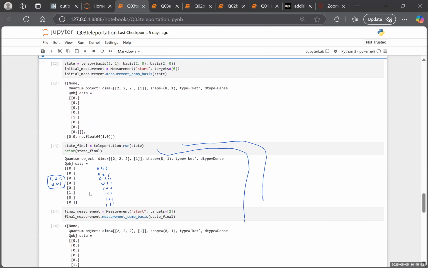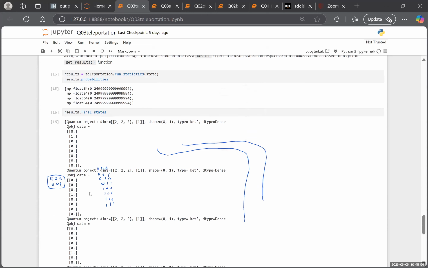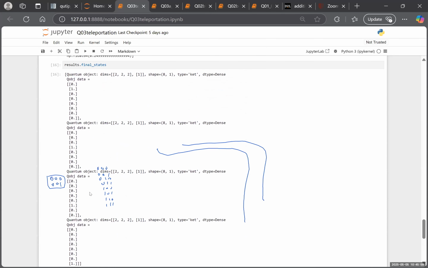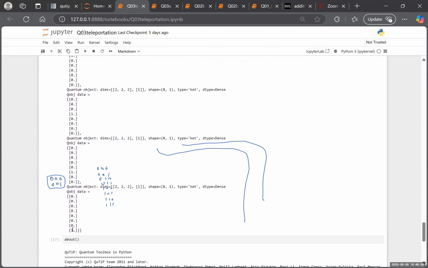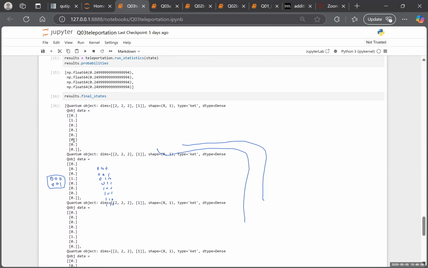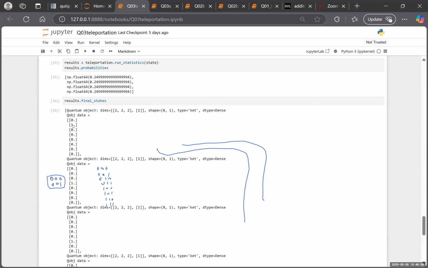This is another example with 1, and you teleport to 1. Okay, the final state can be here. 1 is teleported here, here, or here, or here.